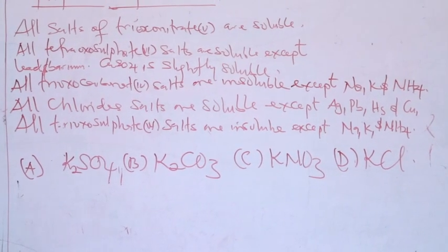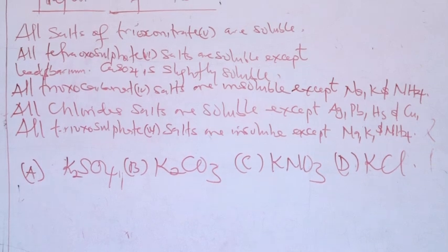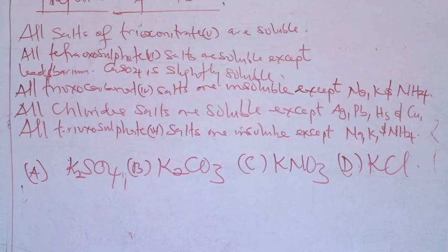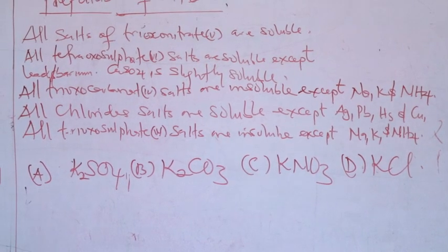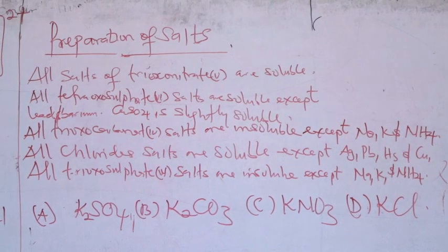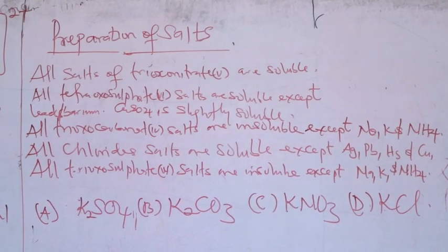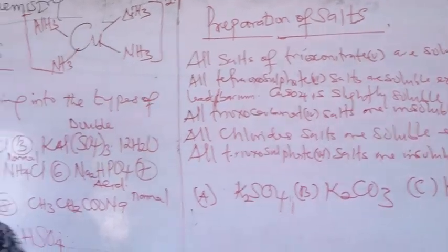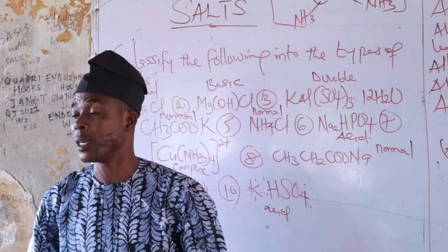So that means if you know the salts that are soluble, you know those that are insoluble. And if I ask about the method we use to prepare a salt, you know the method to choose. Are we together?